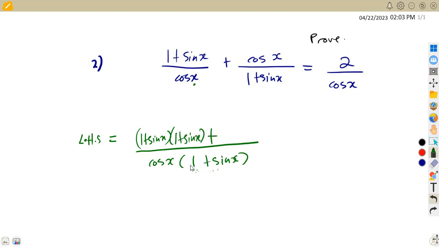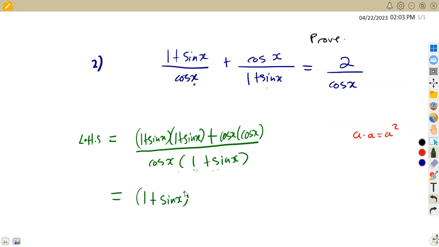We divide again our LCM by the denominator 1 plus sine x. 1 plus sine x will cancel. We remain with cos x and cos x, so this is going to be cos x times cos x. Knowing that a times a gives a squared, if we multiply the brackets which are the same, 1 plus sine x and 1 plus sine x, this is going to give us (1 plus sine x) squared.